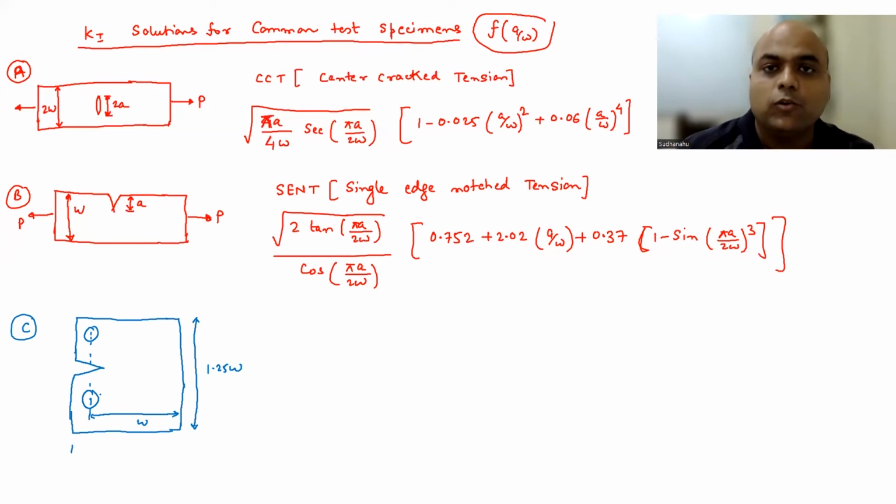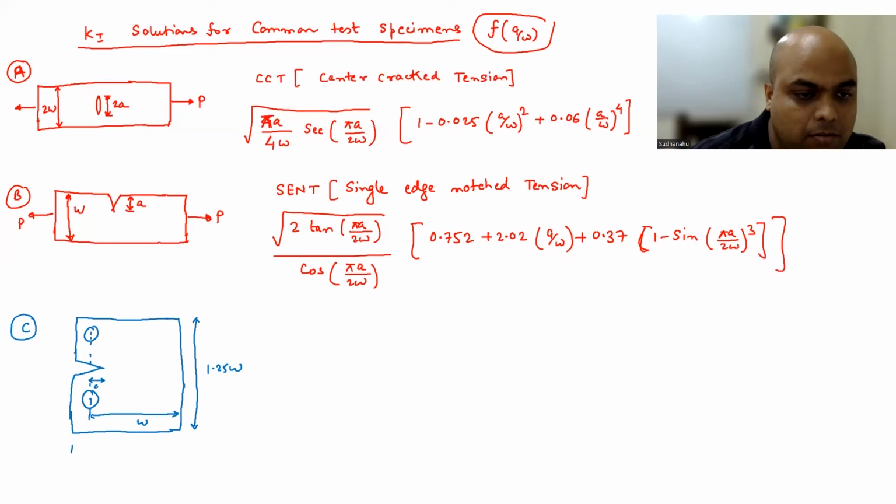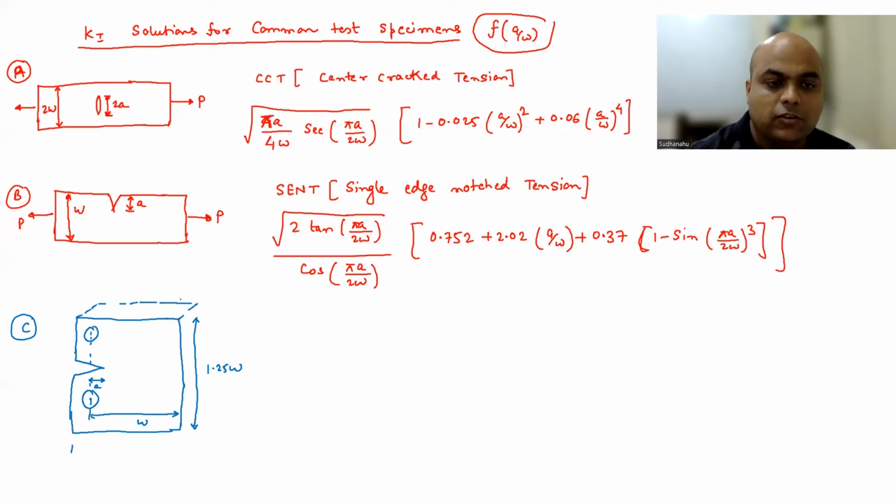Similarly, A will also be measured from the center of the pin, not from the edge. Okay, so A is known, W is known, and the height is going to be 1.25 times W, and then there is going to be B, which is thickness. So in all the cases, you have thickness B.